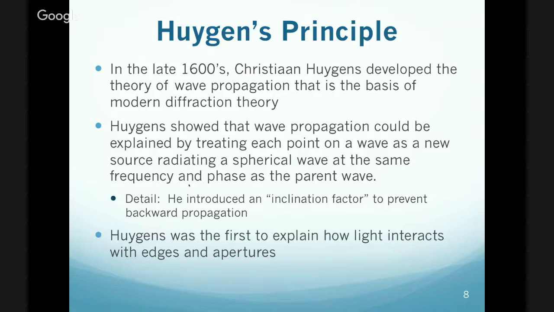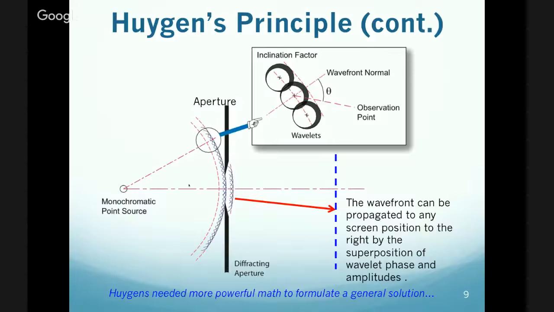The whole idea here, and maybe this diagram's a little bit hard to see, but hopefully you can see it well enough to understand, there's a point source there on the left. And it's monochromatic, just one wavelength, and it's emitting. It's a hypothetical perfect point that's emitting a perfectly spherical wave.